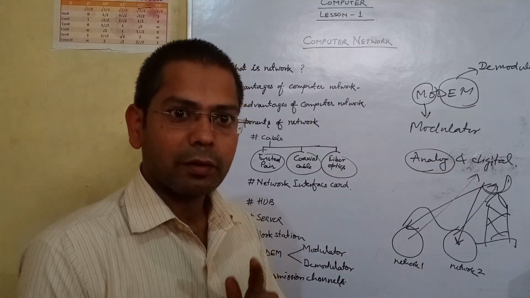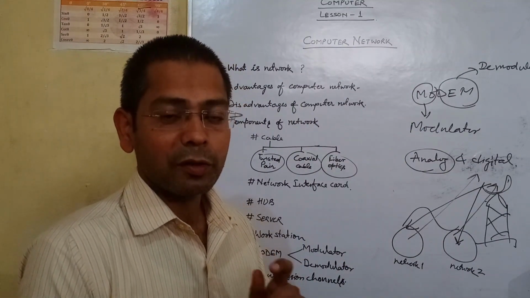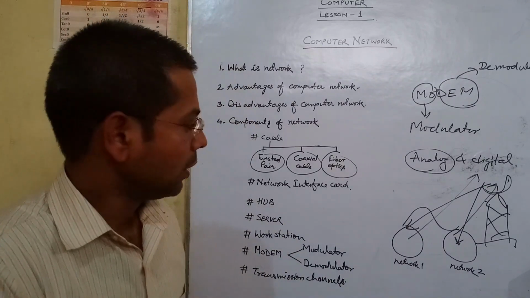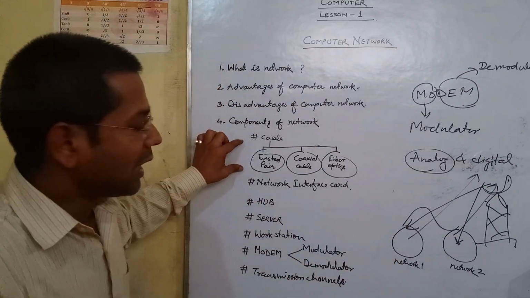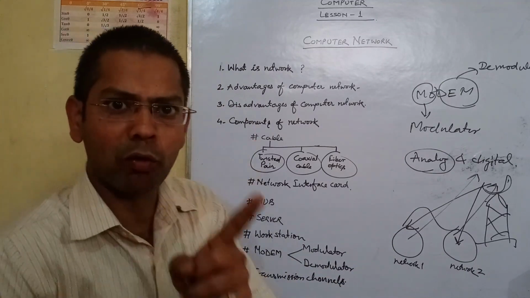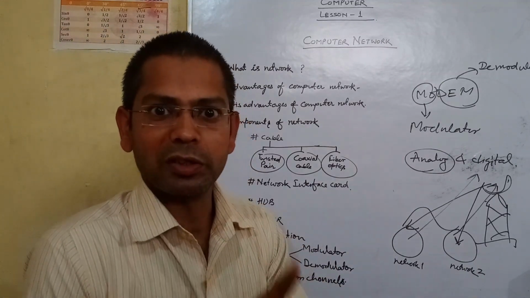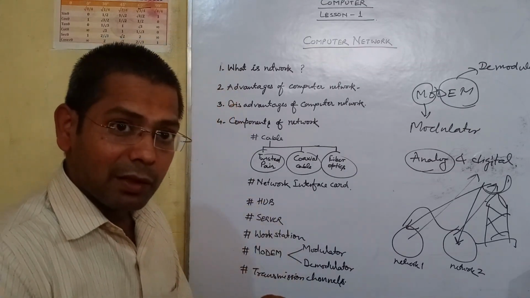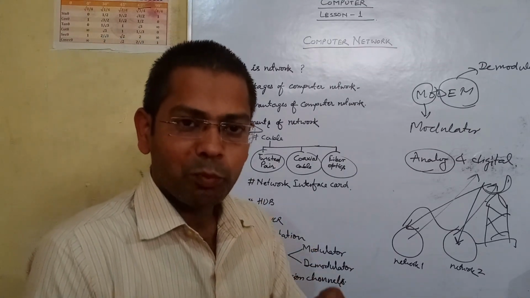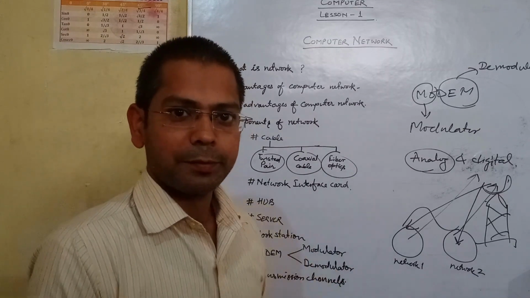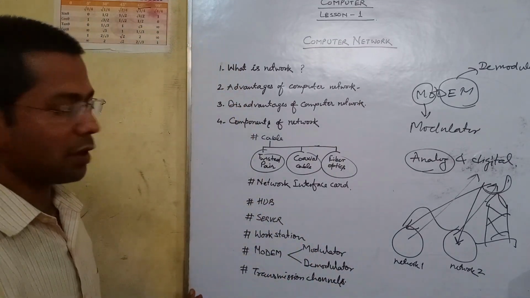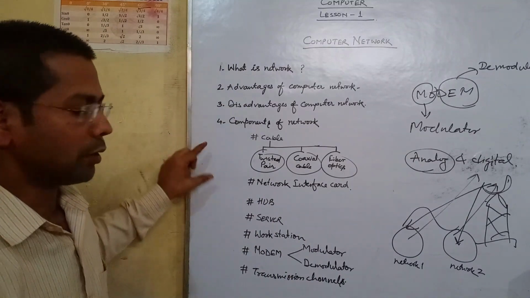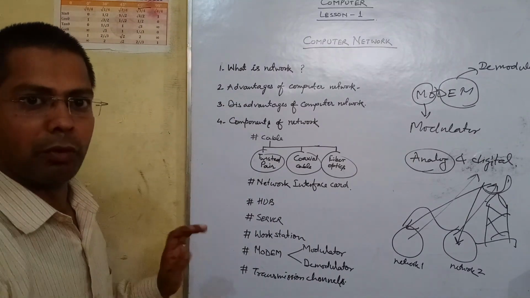In that case, radio waves will be used as transmission channels. Means in place of cables, radio waves are used to transmit the information, and they become the transmission channel. So it was the total description about the network advantages, disadvantages, and all components of computer network.